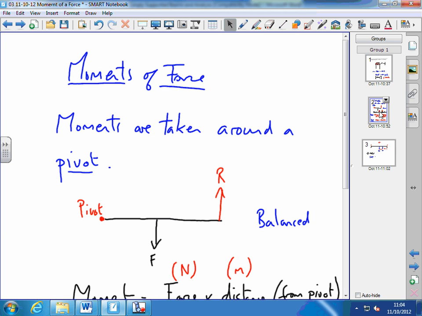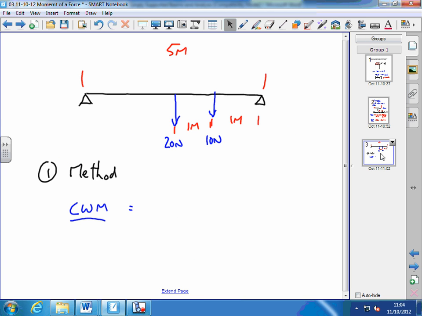So the first thing to do is to decide which end we're going to call the pivot. So let's label this end A and this end B. So let's say I'm going to call this end A the pivot to start off with. So it's pivoted at A.